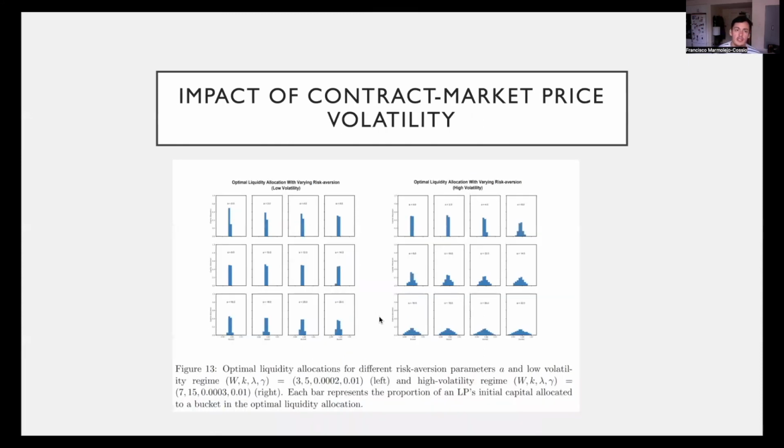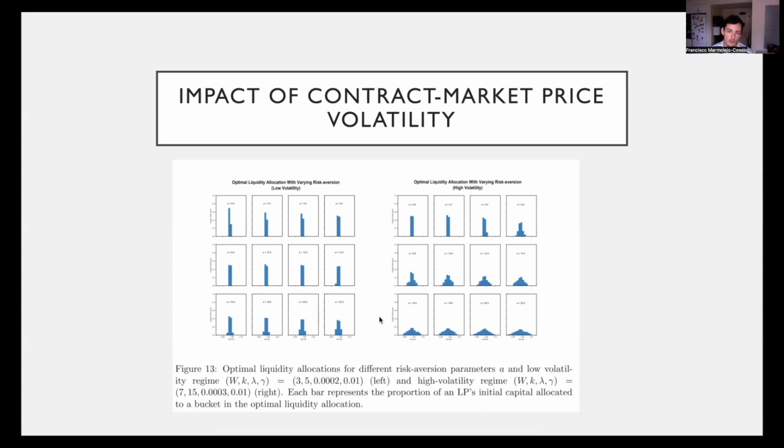And finally, we also looked at different settings for the contract market price sequence. Remember we had this family of geometrically bounded random walks, and the stochastic process that's generating these liquidity independent distributions, we modulated from a low volatility process to a high volatility process.